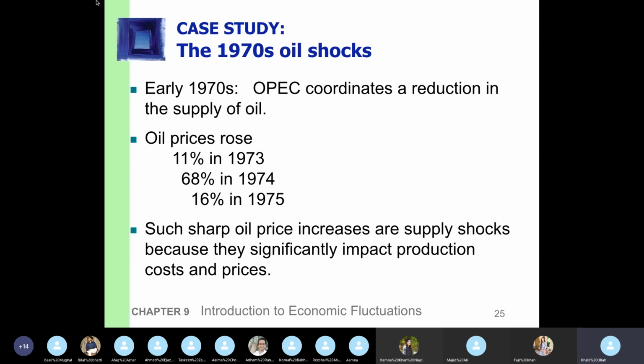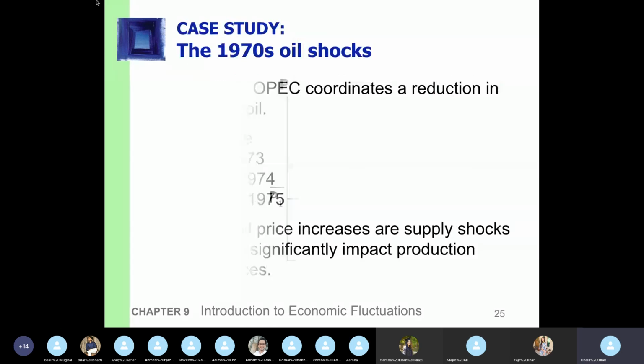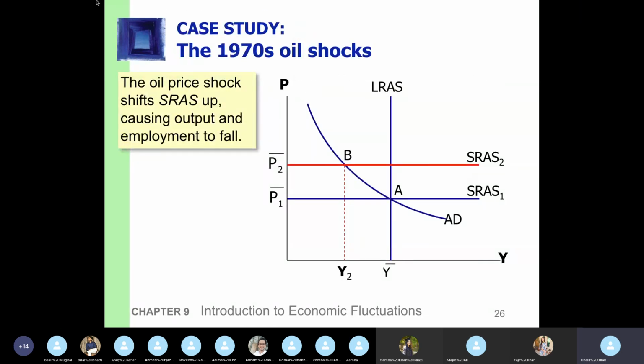And every year oil prices were increasing by 11, 68, 60, and 16%. This rise in prices of oil caused your short-run aggregate supply curve to move up. And when your short-run aggregate supply curve moved up, this is what happened. This is called the negative supply shock we discussed earlier.